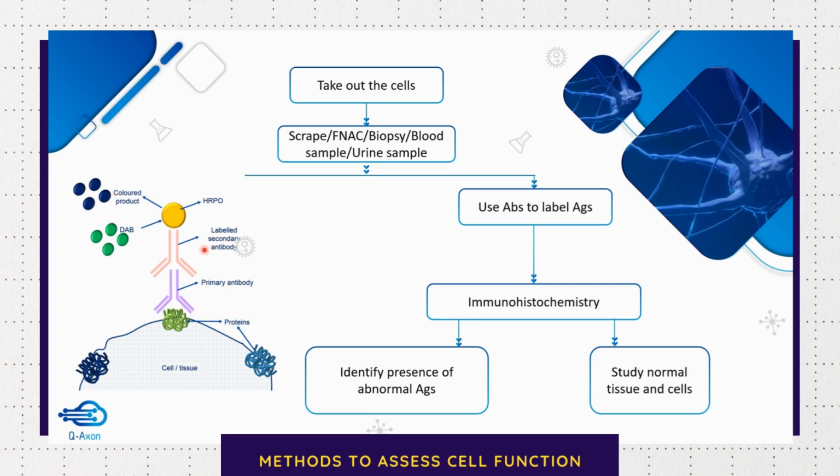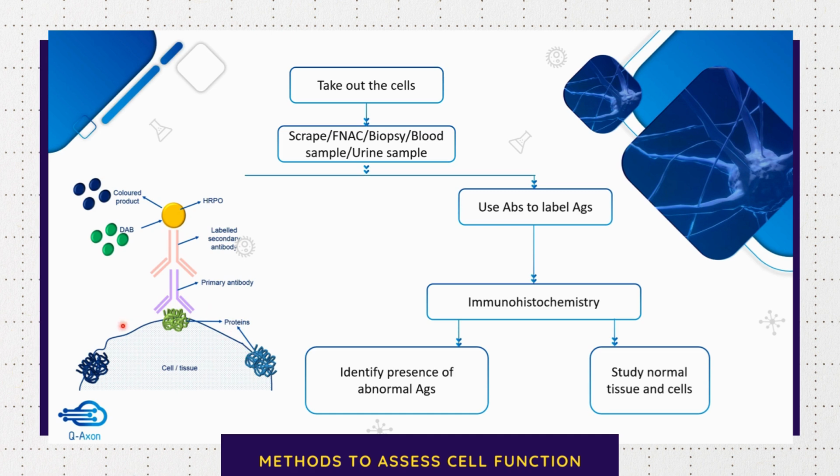If the labeled secondary antibody combines with the primary antibody, we will see the presence of a colored product. So it will help us in identifying the presence of protein. On the other hand, if there is no protein, then this reaction will not take place.